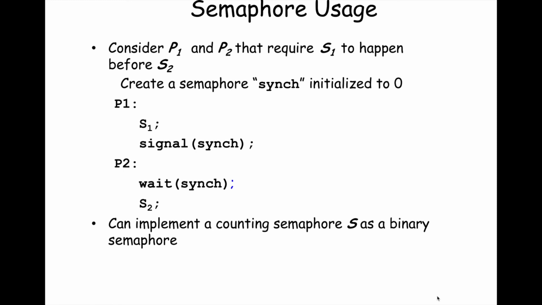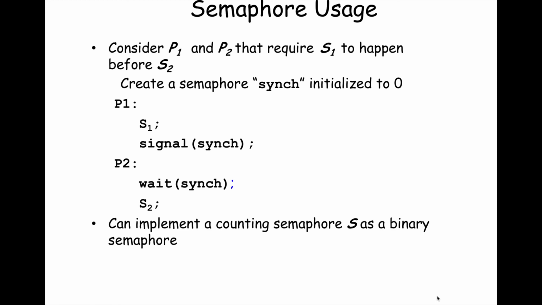Here we have P2, which is going to wait on this pre-locked semaphore. Process P1 is going to unlock it when it's done with its execution. So it doesn't matter if P2 executes first. What does it do? It waits. It's busy waiting in that while loop, blocking, waiting, because sync is equal to 0. And then eventually, it's going to be scheduled off the processor.